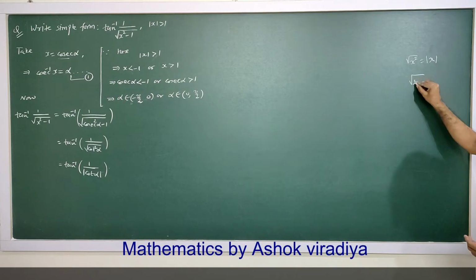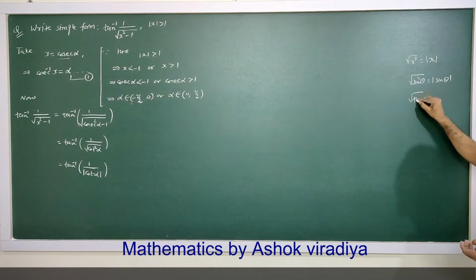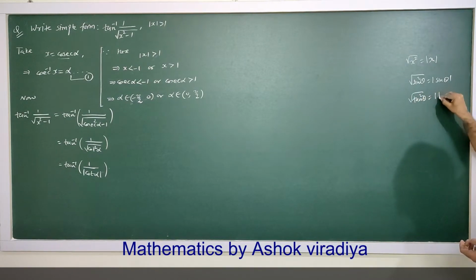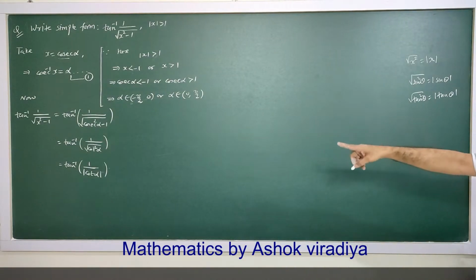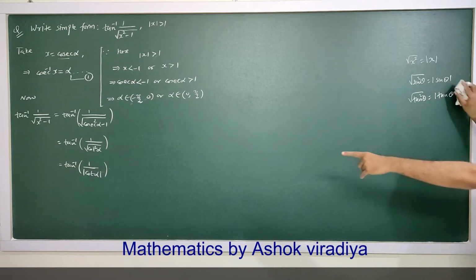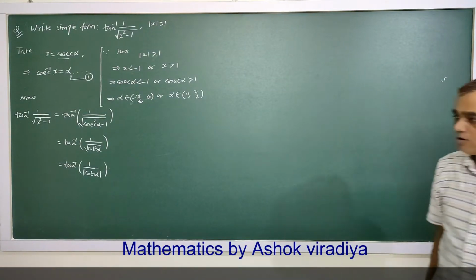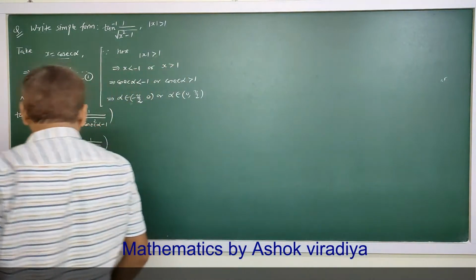Square root of sine square theta, we will keep modulus sine theta. Square root of tan square theta, we will keep modulus tan theta. So wherever we have a square root, here square root of cot square alpha is similarly modulus cot alpha. Without modulus we cannot keep the value.